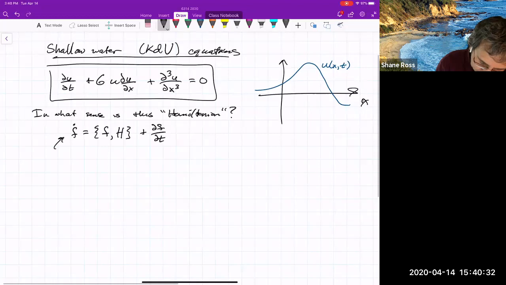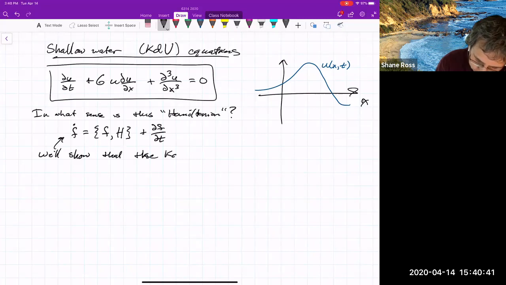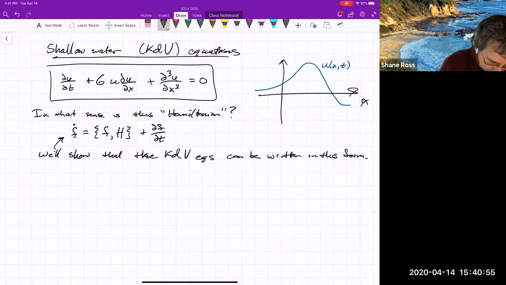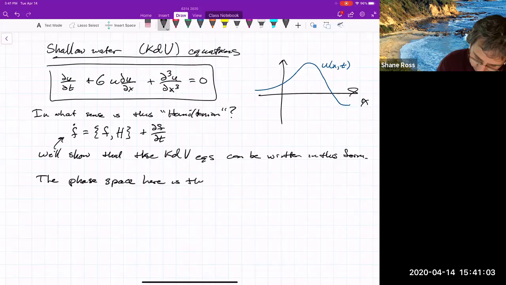Okay. So we're going to show that we can cast things into this form. So we'll show that the KdV equations can be written in this form. And the phase space here is the space of all possible u as a function of x and t.